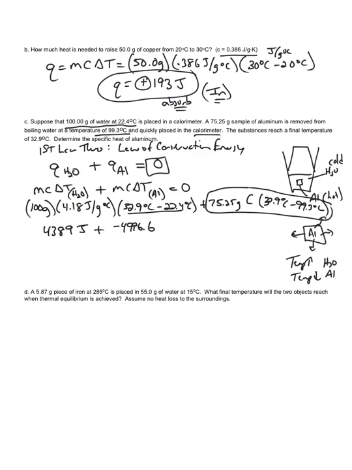And that would have units of grams degrees Celsius times capital C, which is my specific heat of the aluminum. So I've got roughly 4,389 minus 4,996.6 C. We now need to solve this equation for the specific heat of aluminum.